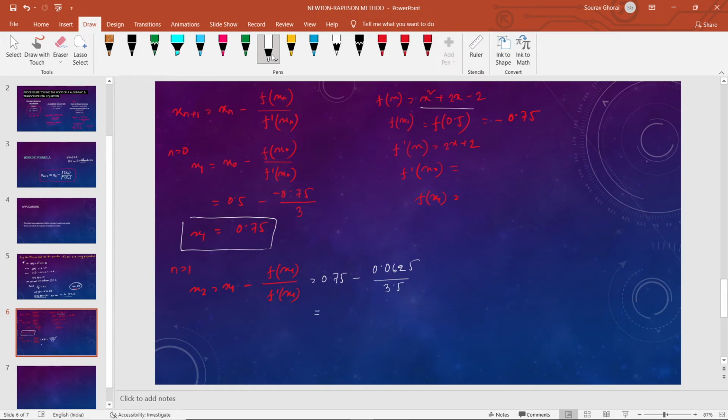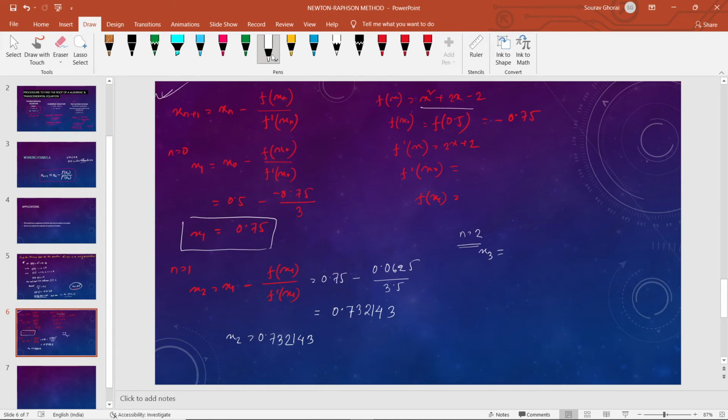So from here you will get the value 0.732143. So here x2 is equal to 0.732143.